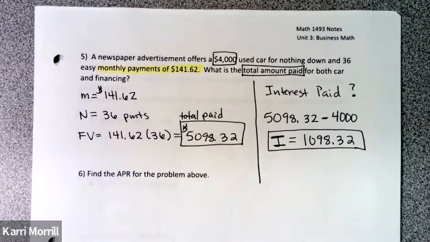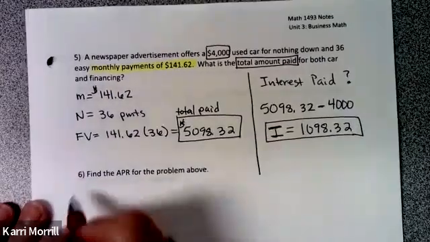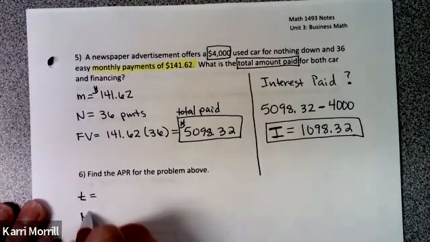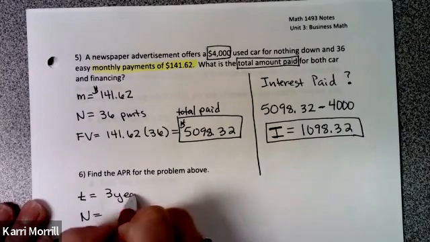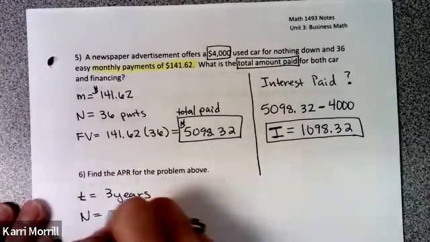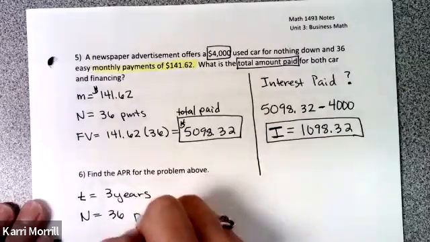So number 6 says, find the APR for the problem above. So remember my APR, I need to know number of payments. It's 36 payments, right?